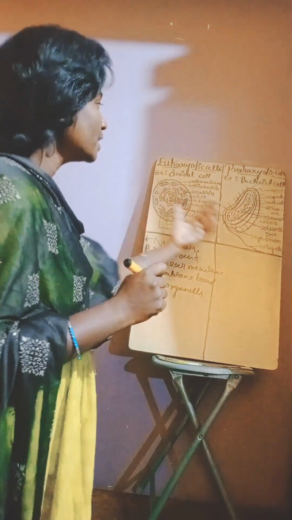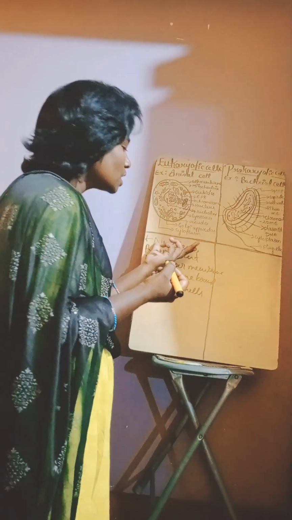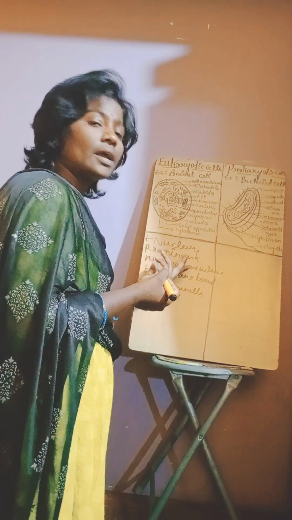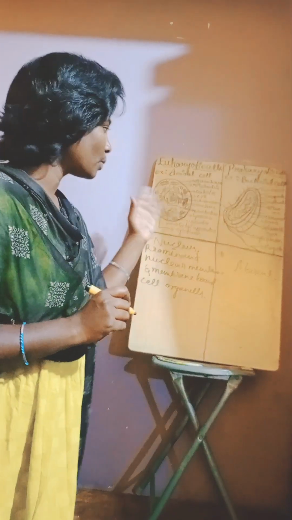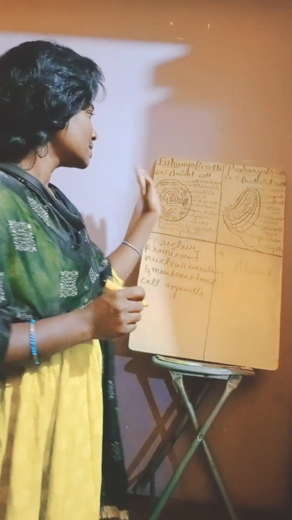Right. So in case of prokaryotic cells, the nuclear membrane and membrane bound cell organelles are completely absent. So this is the major difference between prokaryotic and eukaryotic cells.